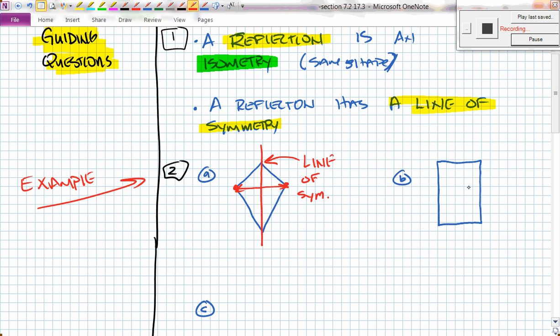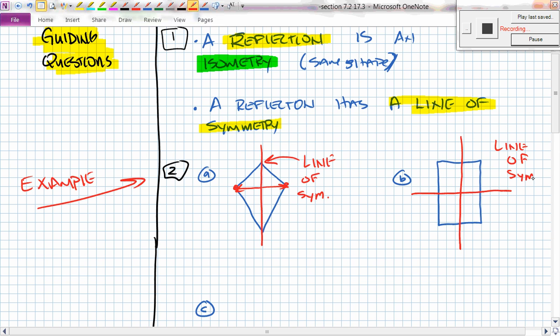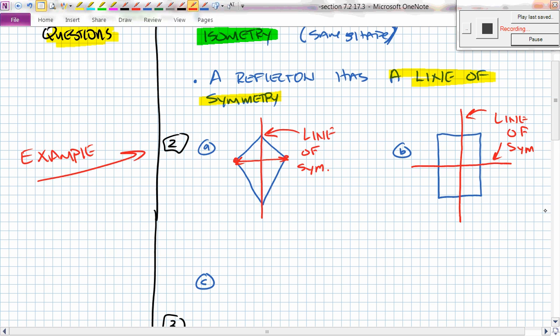No, it's not, because if you reflect a point, it would have to go the same distance out and land on the figure, and that point would be off. So in a rectangle, a diagonal is not a line of symmetry, even though a lot of people think it is. Right down the middle is one, and right down the middle on the side is another. So this one has two lines of symmetry. A kite has one, a rectangle has two.